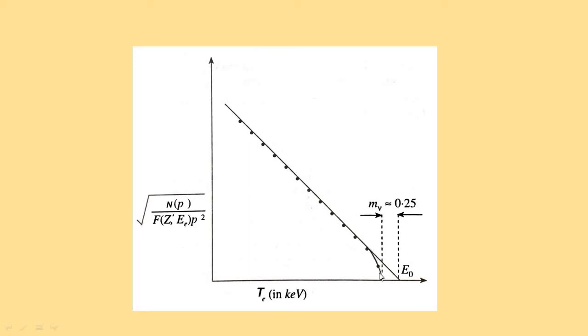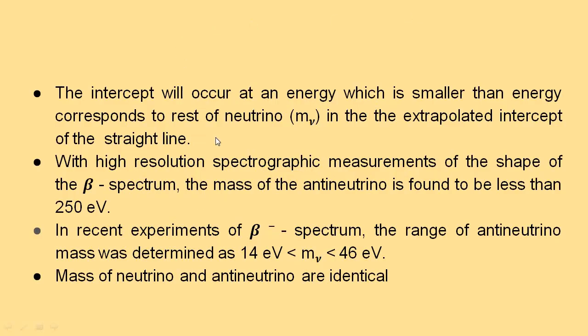A curve is actually cutting the energy axis here. And the intercept will occur at an energy which is smaller than the extrapolated intercept of the straight line, and you can understand that this difference must be equal to the energy corresponding to the rest mass of neutrino.